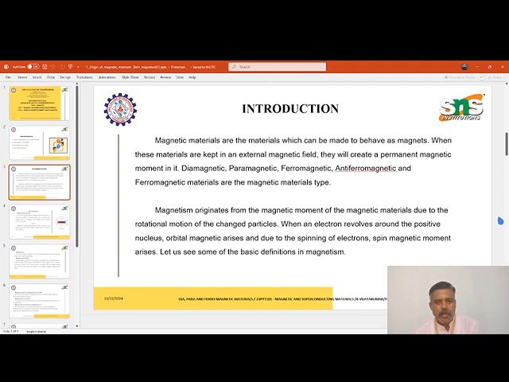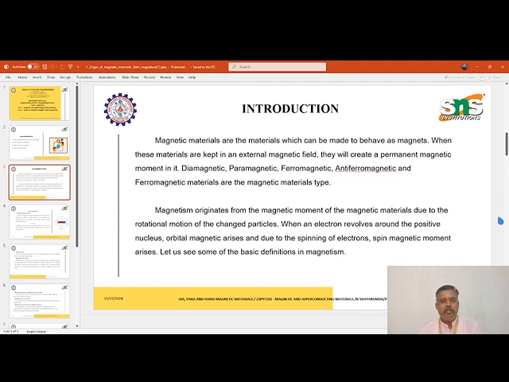Diamagnetic, paramagnetic, ferromagnetic, anti-ferromagnetic: these are the special categories of magnetic materials. Magnetism originates from the magnetic moment of the material due to the rotational motion of charged particles. When an electron revolves around the positive nucleus, the orbital magnetic moment arises, and due to the spinning of the electron, the spin magnetic moment arises.